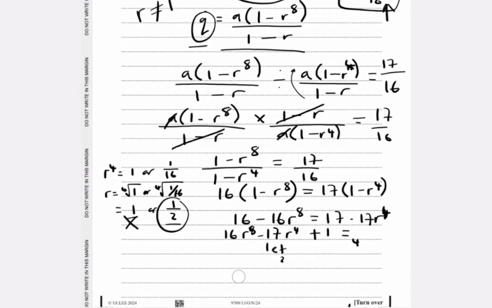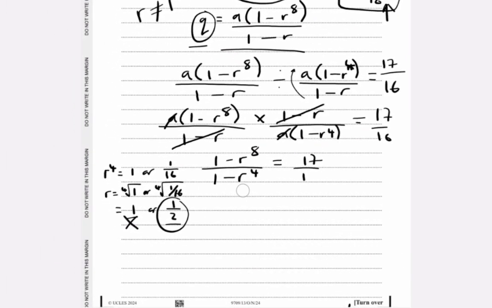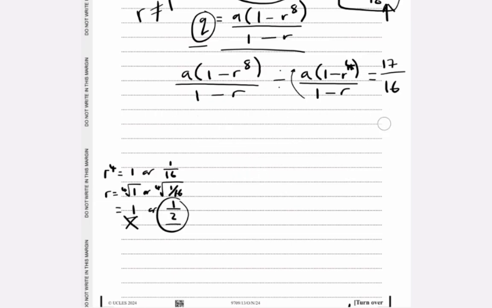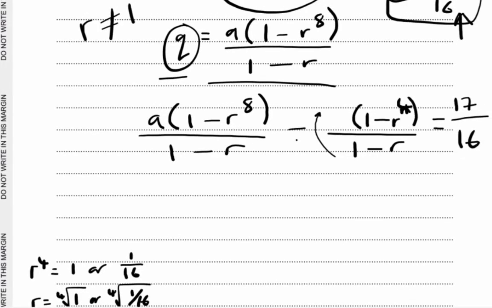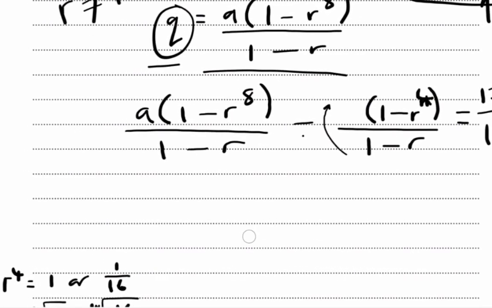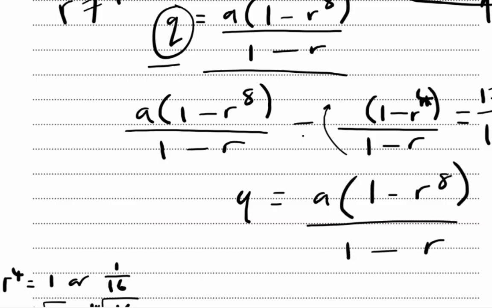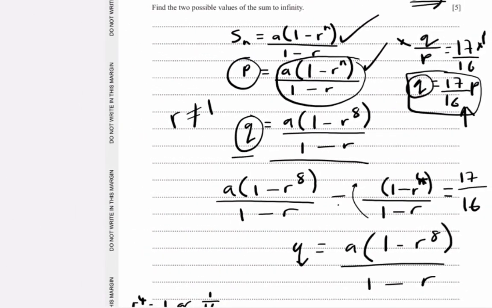Let me try and make space here. Right, so S is equal to A times 1 minus R to the power 8 over 1 minus R. How many marks is this? 5 marks.